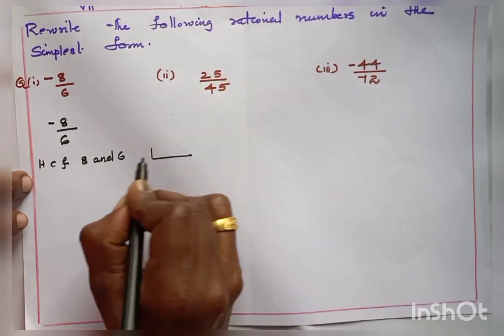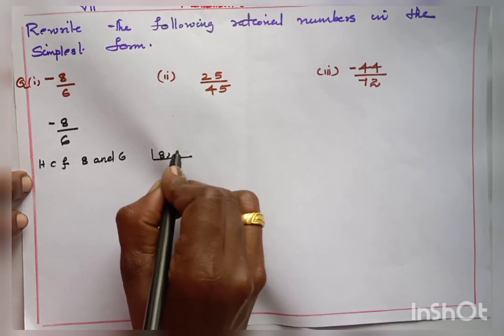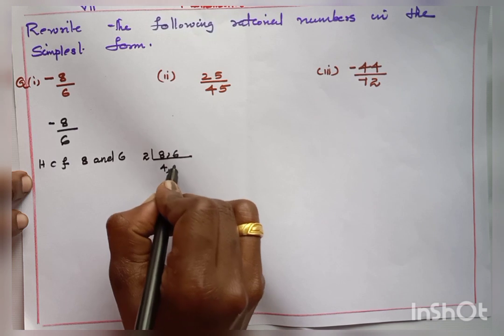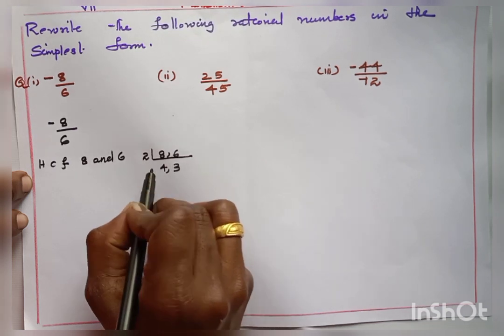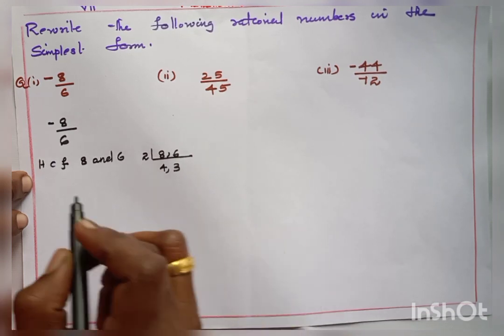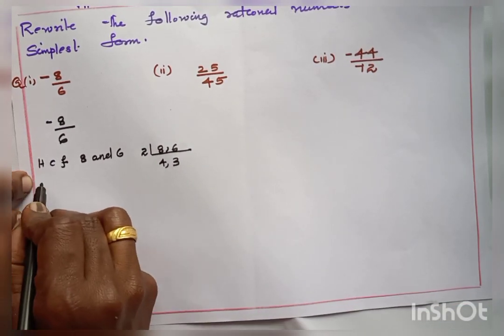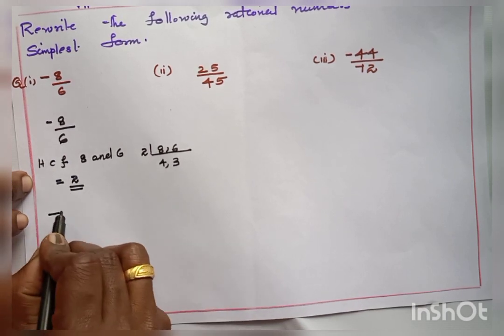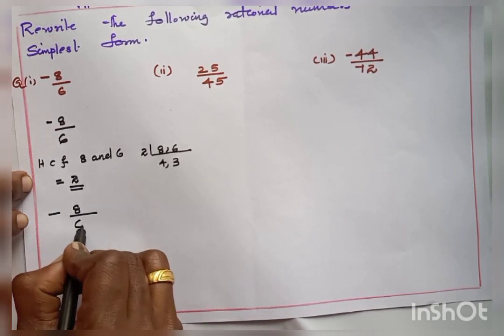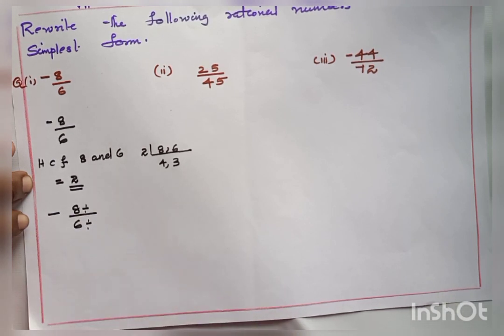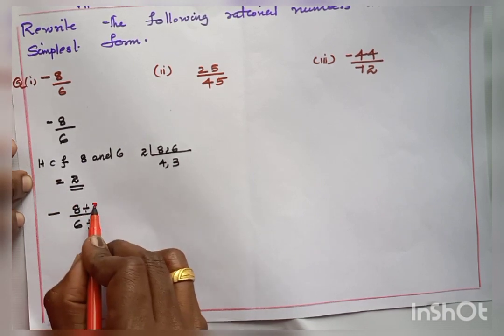So we get 2 as the common factor, 4 2s are 8, 3 2s are 6. Next, there are no common factors for 4 and 3. So we take the HCF as 2. Then to change minus 8 by 6 into simplest form, divide both numerator and denominator by the HCF 2.